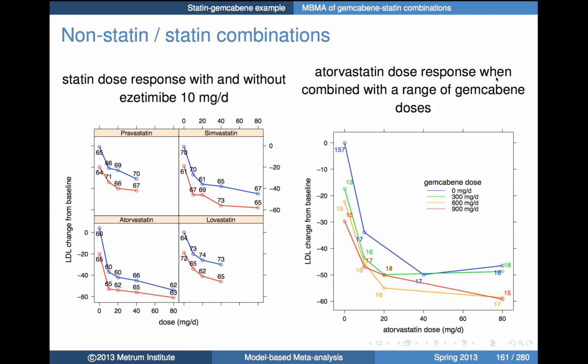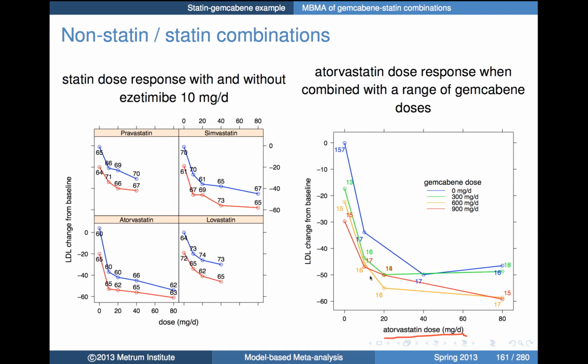In here, we can see, for example, our blue curve here is just our atorvastatin monotherapy shown there, and then we've got various different combinations down here with the atorvastatin. So again, just to remind you, down here, we're actually looking at atorvastatin dose on the x-axis.